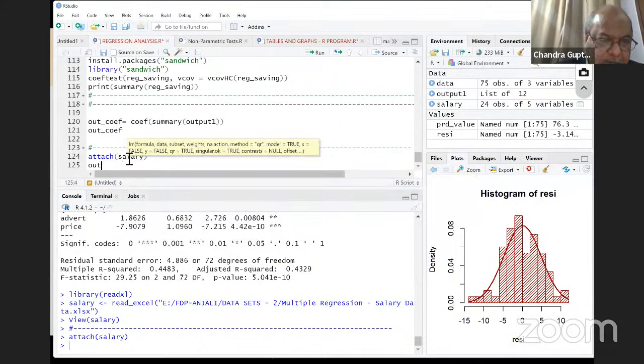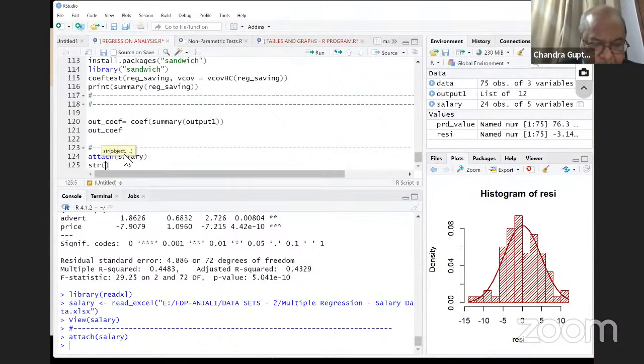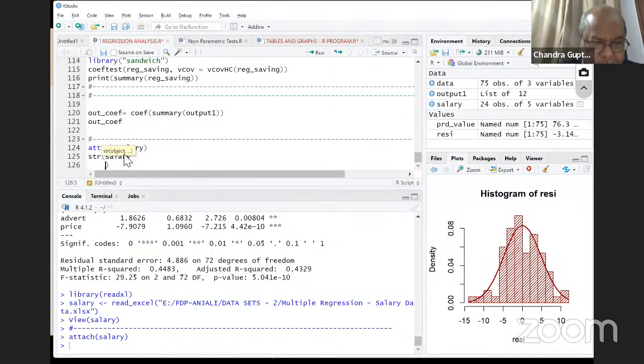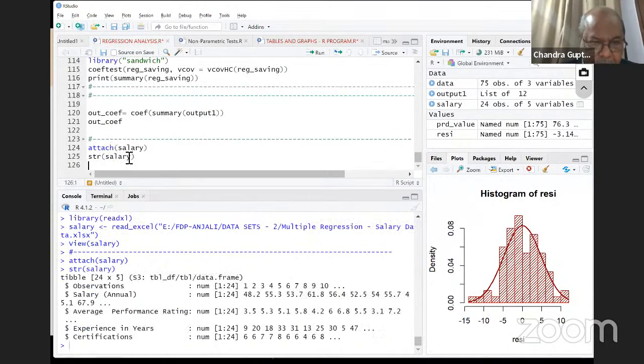Before that, let me check the structure because I don't remember the names of the variables. So structure, salary. So we have salary annual, average performance rating, experience in years, and certification.